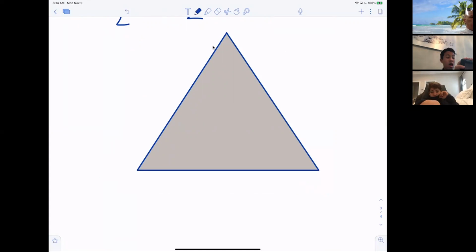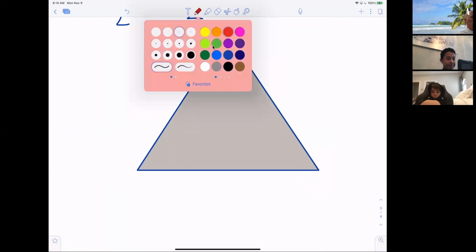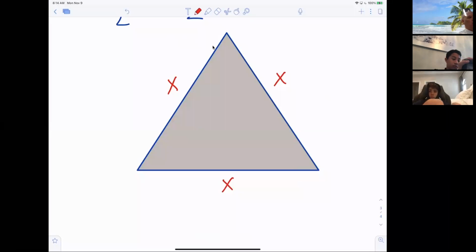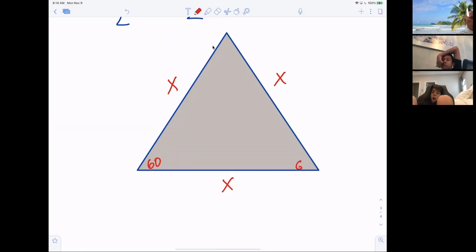Someone tell me. X, beautiful, exactly what I want to hear. So this is X, this is X, and this is X. Now I need someone to tell me the degree measure of the angles. Very good. So this is 60, this is 60, and this is 60.